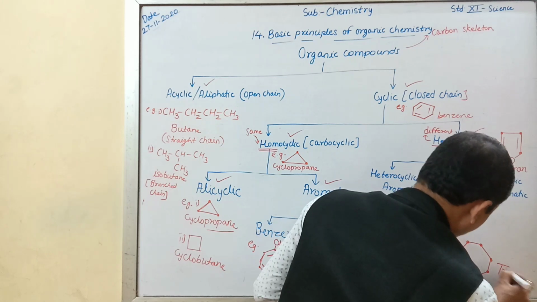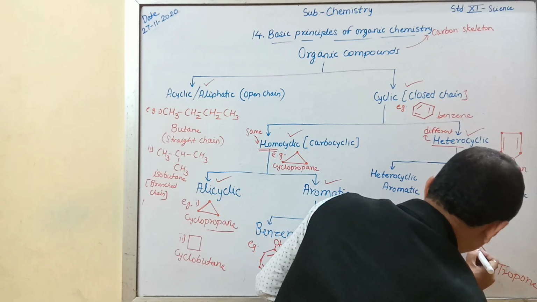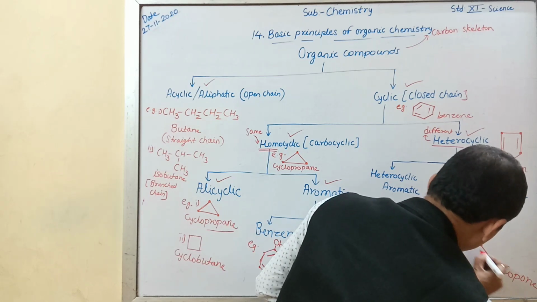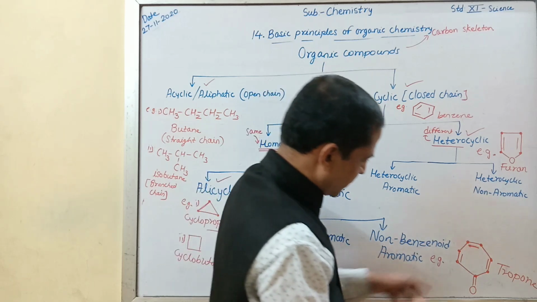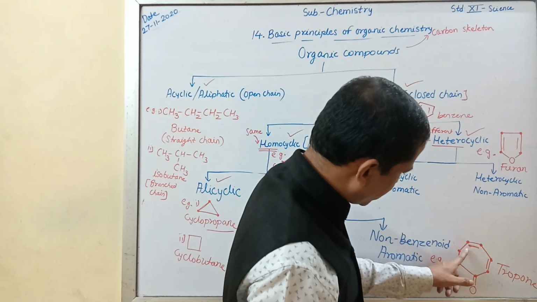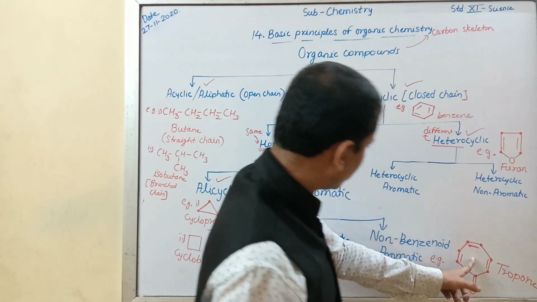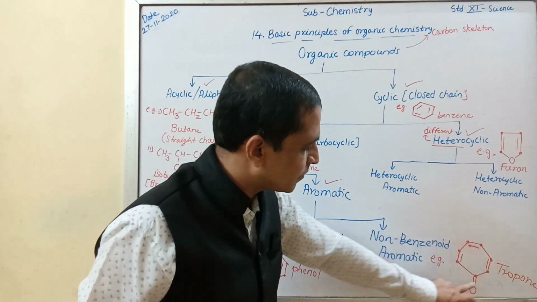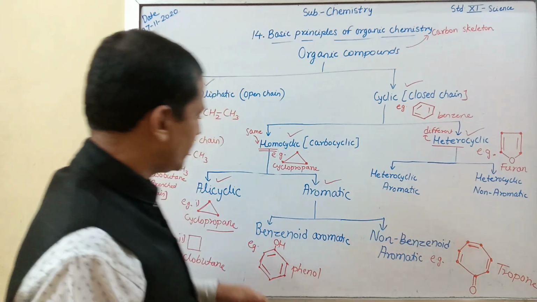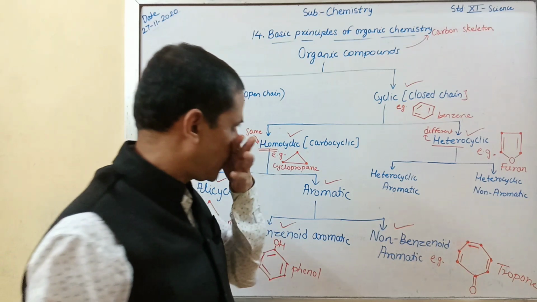Its name is tropone. There is no alternate single and double bond. See, there is a gap. In benzene it is double bond, single bond, double bond, single bond, double bond. But here there are two single bonds together. So they do not contain this benzene ring. It contains a 7-membered ring, and this structure is called tropone. That is about benzenoid and non-benzenoid aromatic compounds.